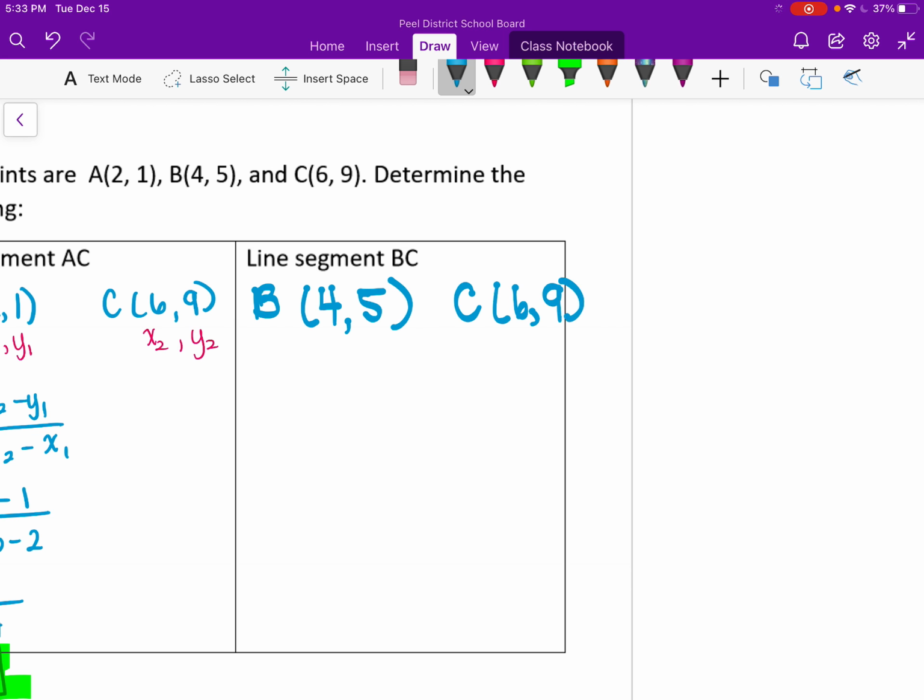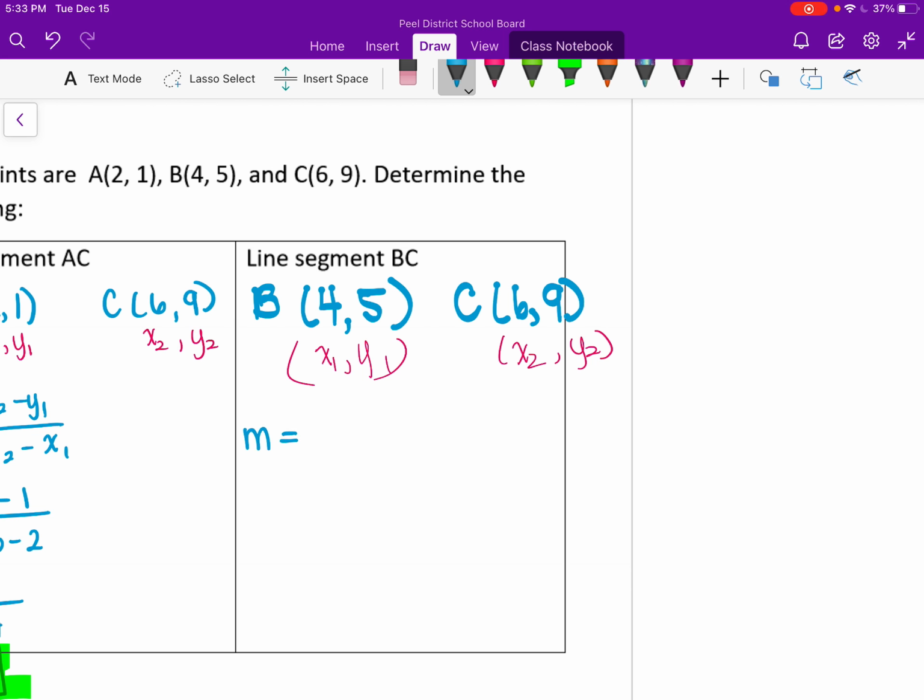Right? So this is x1, y1, x2, y2. I'm just going to start plugging stuff in.